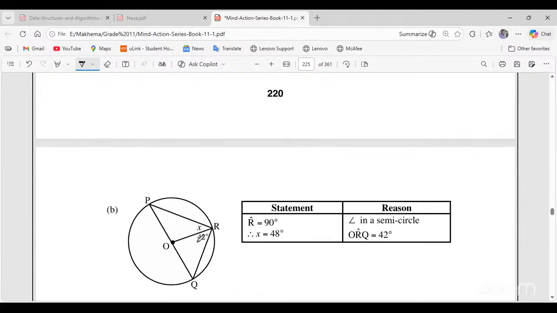Okay, B, you want the value of x there. We know that the angle there is 90. Why? That is angle in a semicircle. Then 90 minus 42 will give me 48. Then x is equal to 48.